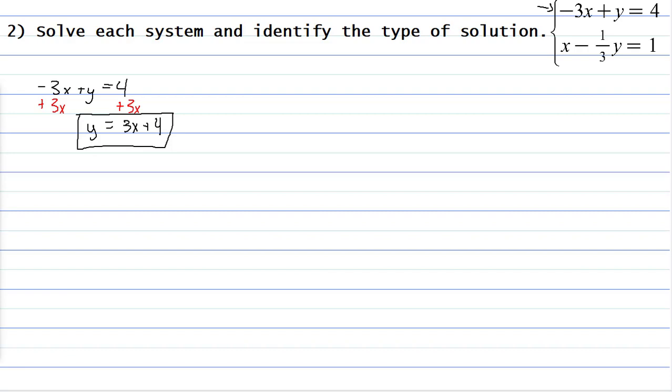Now we're going to do the same thing with the other equation. The other equation is x minus 1/3 y equals 1. So go ahead and solve this one and then check back with the answer.